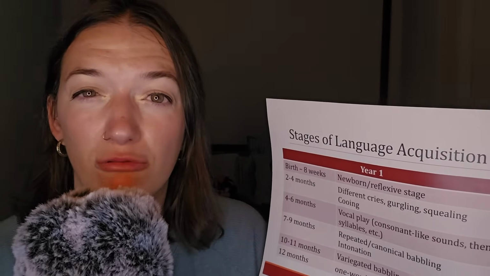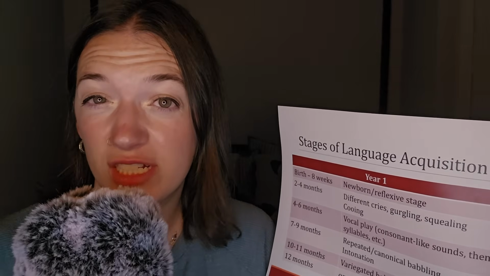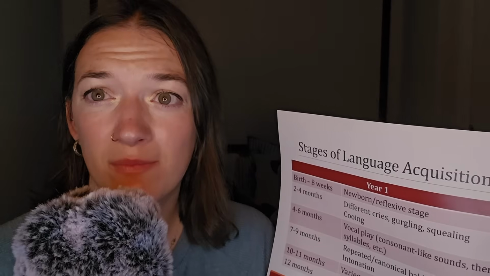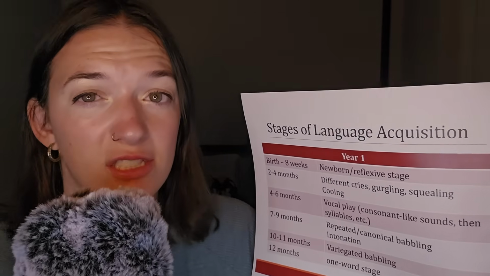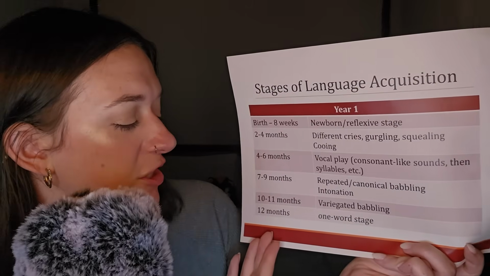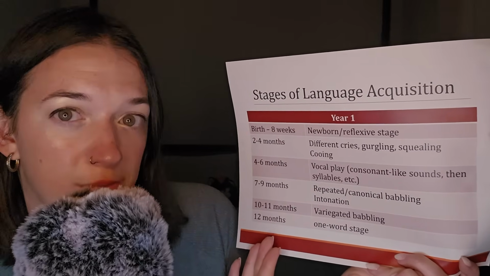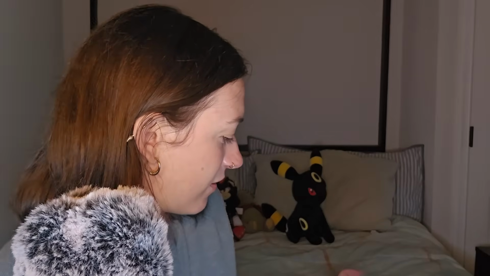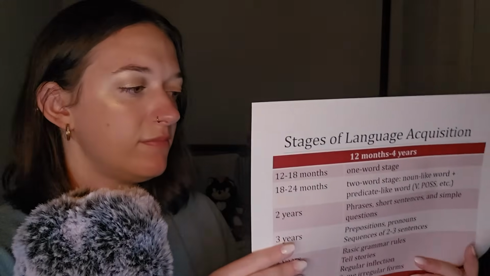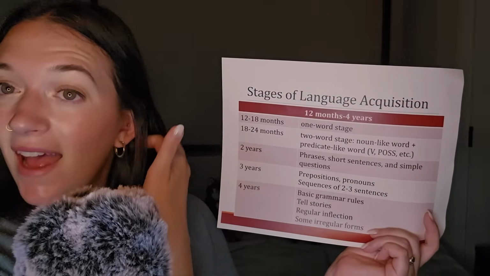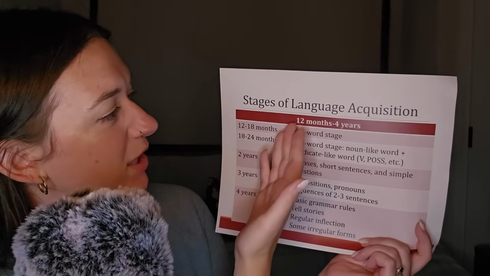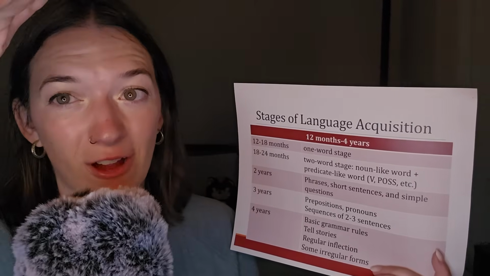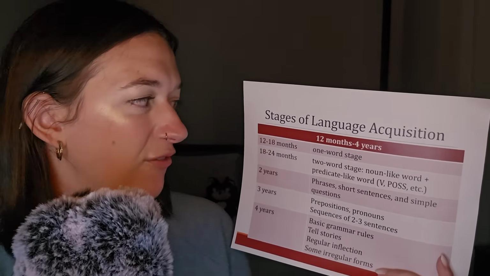It might be a reduced pronunciation, so not fully saying cat, dog, house, but approximations of those words can start to come out at 12 months old. And then from 12 months to 4 years old, children's language acquisition skyrockets, just really takes off.